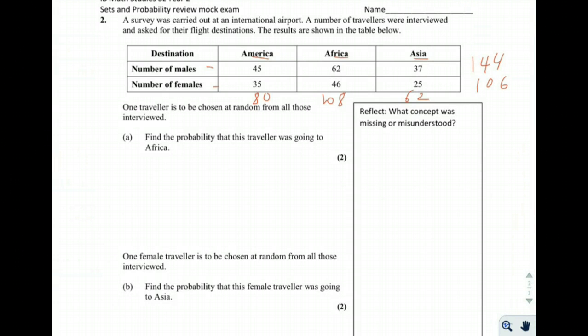Okay, and then if we want to find the total, it would be either 144 plus 106, 250, or we could add up these, 80 plus 108 plus 62, we should also get 250.